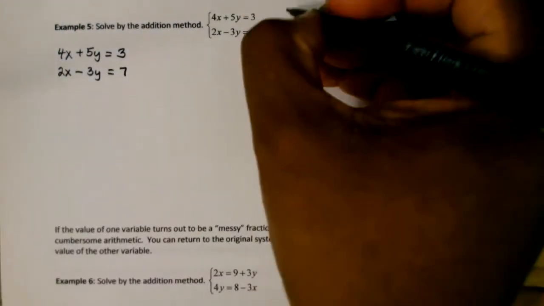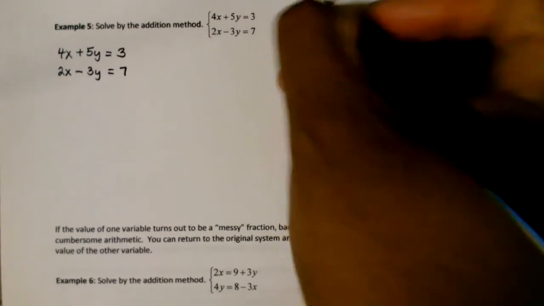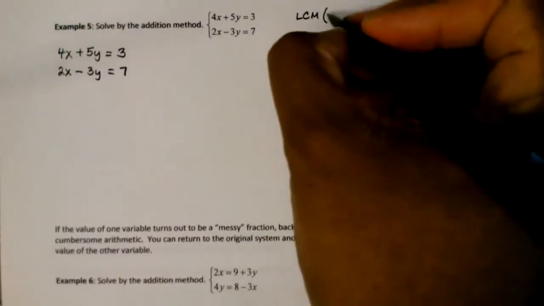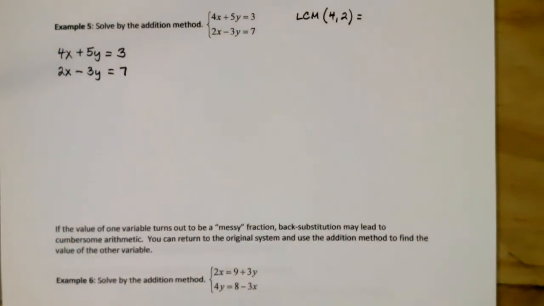Okay. So here, the best way to do this is find the least common multiple of the coefficients of x or the coefficients of y. Like in this case here, my coefficients of x are 4 and 2. And the least common multiple is the smallest number that is divisible by 4 and by 2.